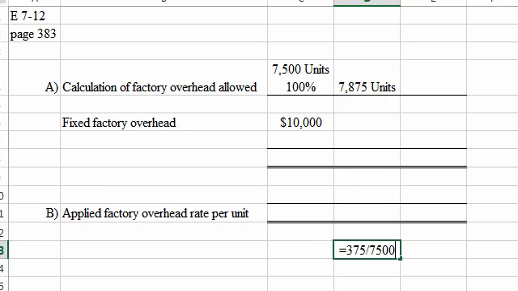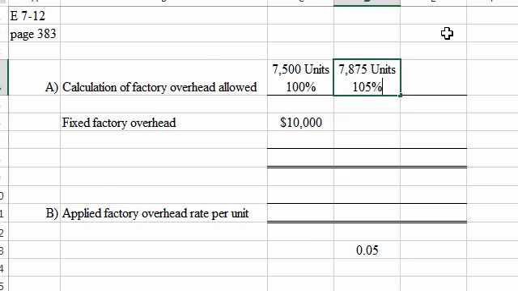That's how much it's over 7,500, by 375. Well, what percentage of 7,500 is that? 5%. So what we're saying here, 7,875 units is 105% of capacity, or 7,500 units. So I'm going to go ahead and say 105%.